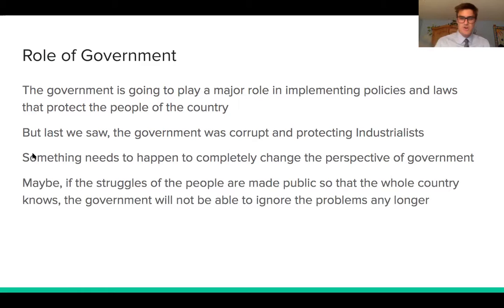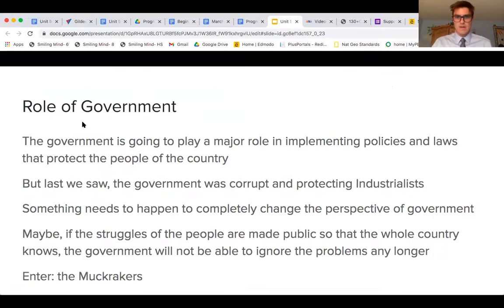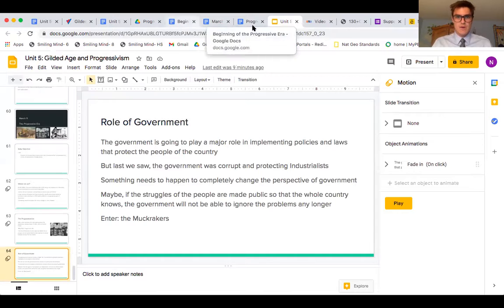Maybe if the struggles of the people are made public so that the whole country knows and is talking about it, if it becomes the conversation of the day, then the government will not be able to ignore the problems any longer. If this is to happen, maybe there can be some positive change. Enter the muckrakers.